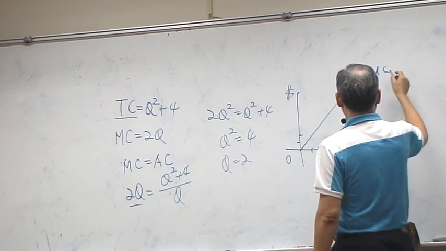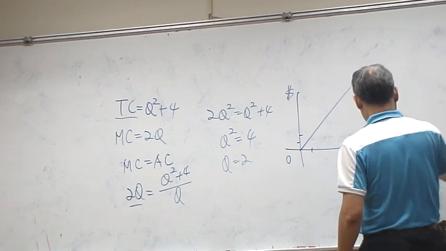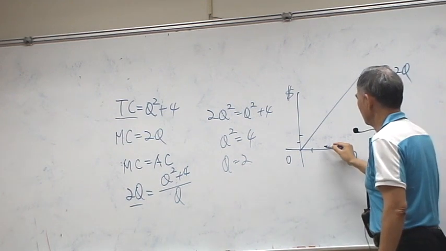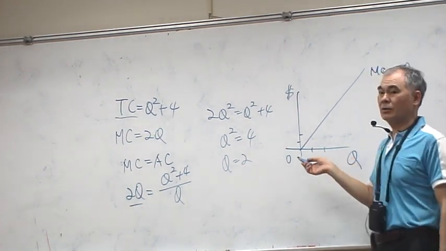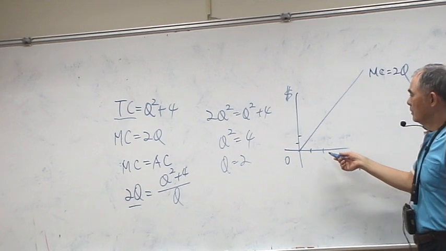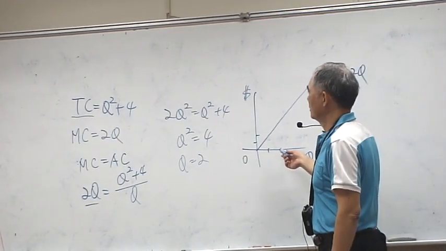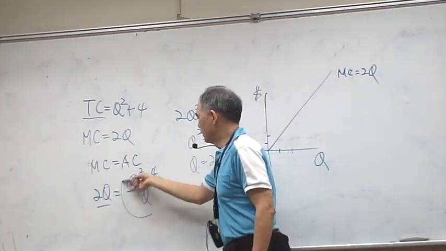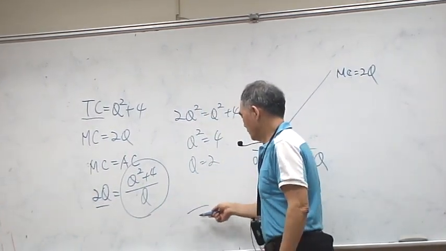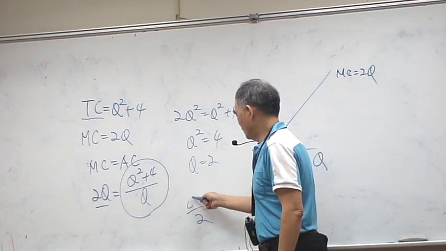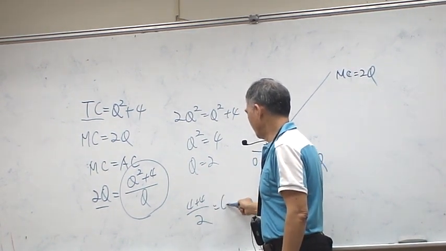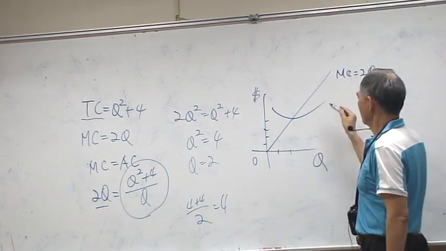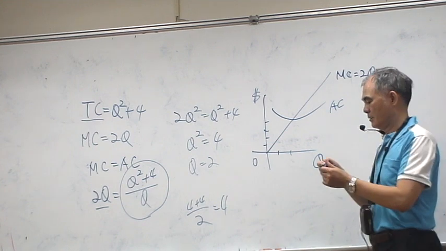And supposedly, when Q is equal to 2, that's the minimum. Then here is 4 plus 4, so it's equal to 4. So it'll be something like this, okay?